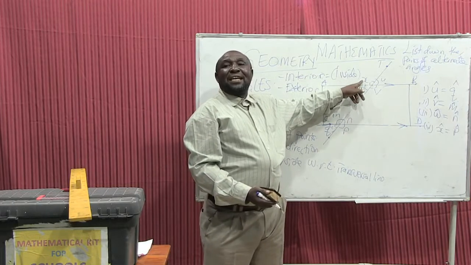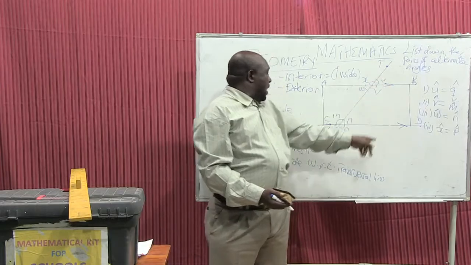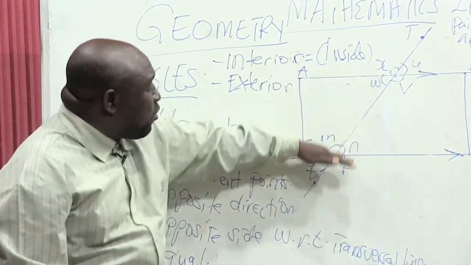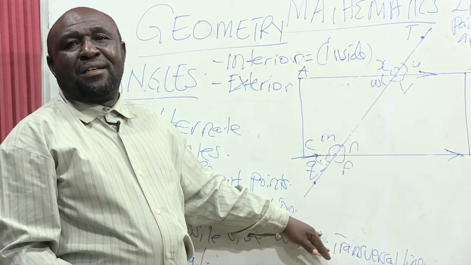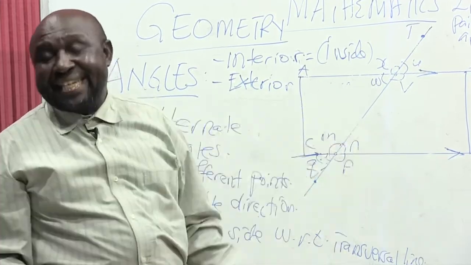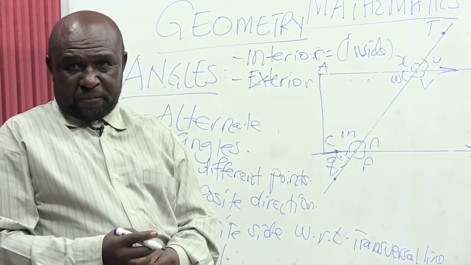Angle X, angle U, and angle Q and P, they are outside the rectangle, so we call them exterior angles.